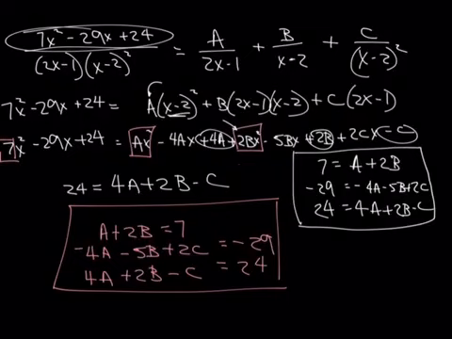So go back in earlier in this chapter in 5.1 or 5.2 if you need to be reminded how to do systems of equations, and you'll find out that your a is 5, your b is 1, and your c is negative 2.